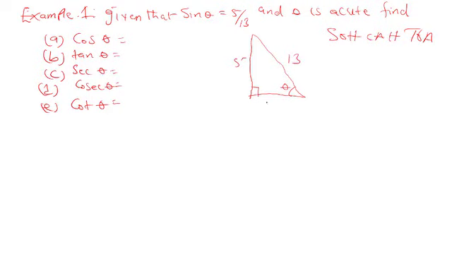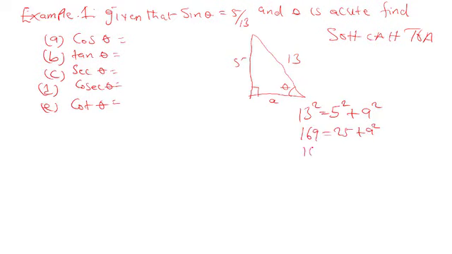Now what we need to do is to look for the adjacent, so that it will enable us to look for all these things that are required of us. Remember that 13 square is equal to 5 square plus a square. Let's call this point our a square. So we have 13 square is 169, equal to 25 plus a square.